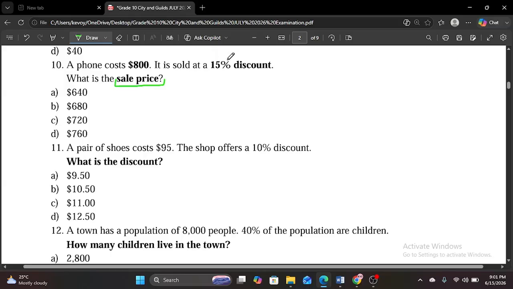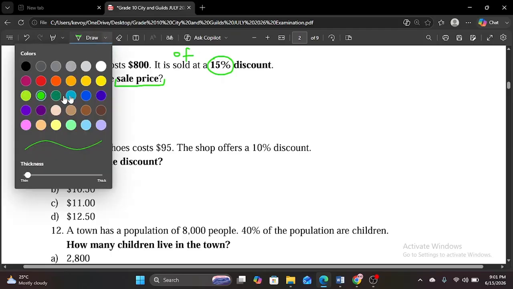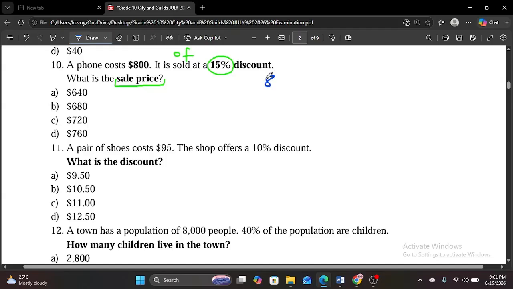So the first thing that we'll have to do is find 15% of the 800. So once you say 15% of the 800, I know that I have to multiply. So that's going to be 800 times 15%, which is 15 over 100.